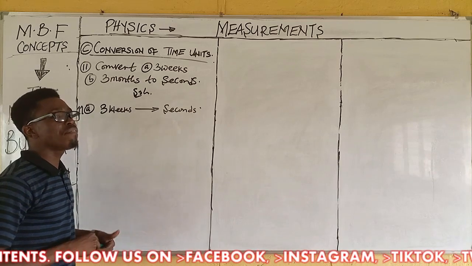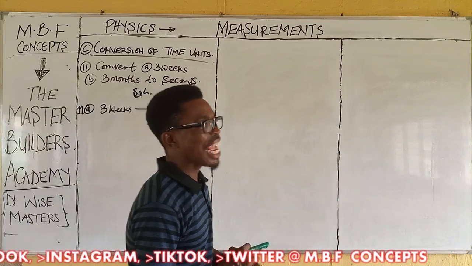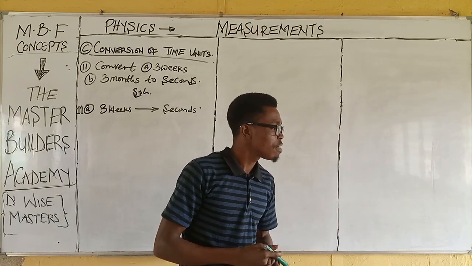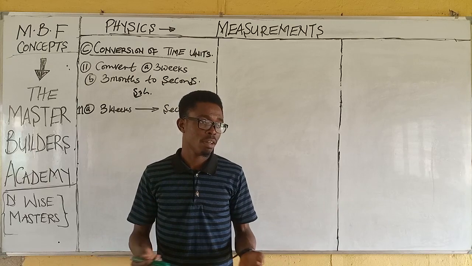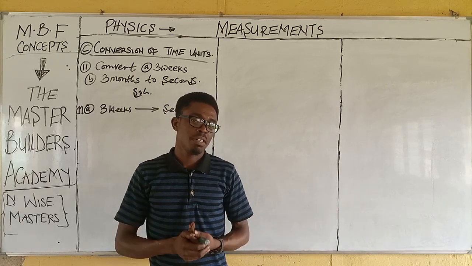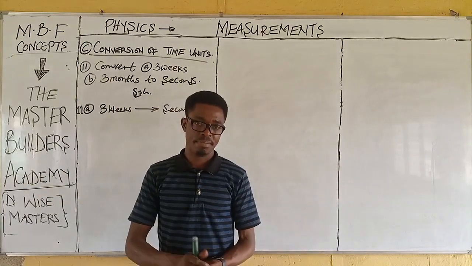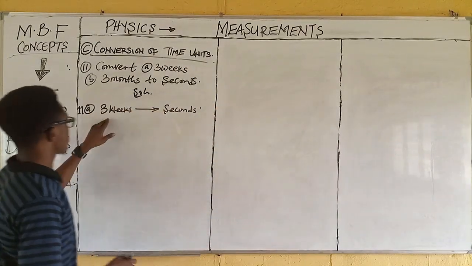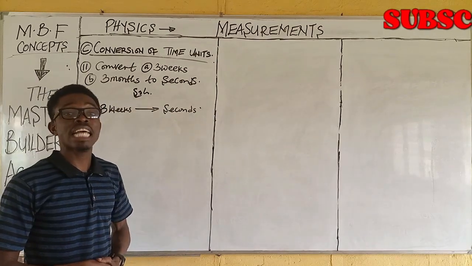Now, it is very simple to convert any of these time units of measurement to seconds. All you need to do is to know the relationship the particular unit of measurement you are given has with others. Now, we are given 3 weeks, and we know that a week contains how many days?